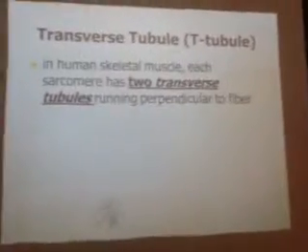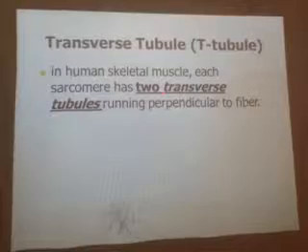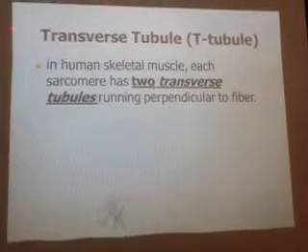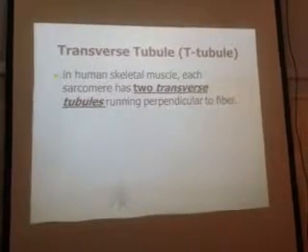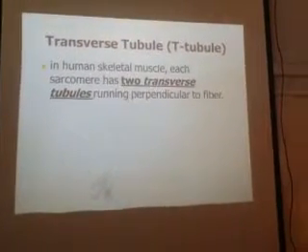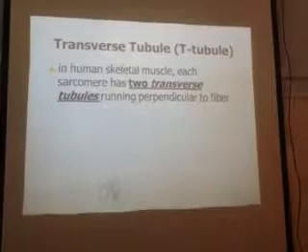You can see two, and these two tubules run perpendicular to the muscle fiber. They are not parallel, but perpendicular to the muscle fiber. Perpendicular means opposite. The muscle is like this and the tubes like this.